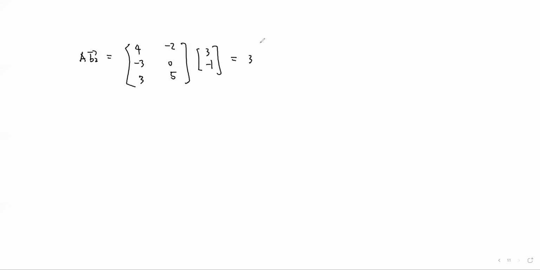So 3 times the first column plus -1 times the second column. So 3 times 4 plus 2 is 14. 3 times -3 plus 0 is -9. 3 times 3 is 9, minus 5, gives 4.